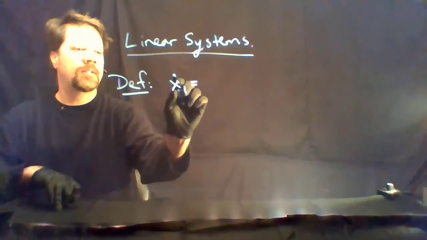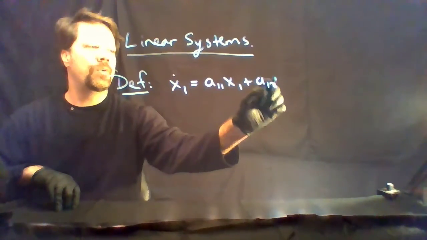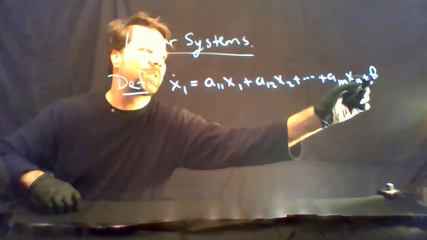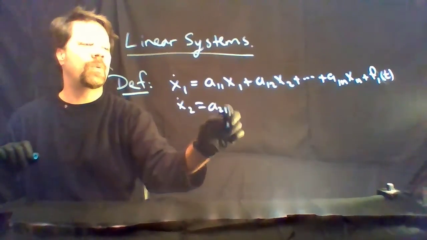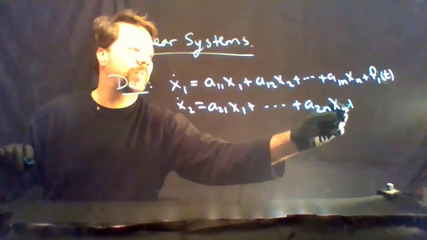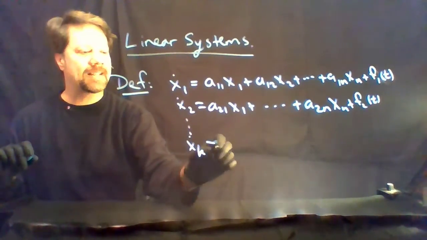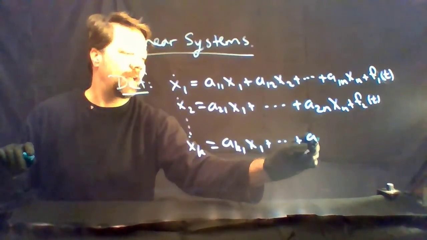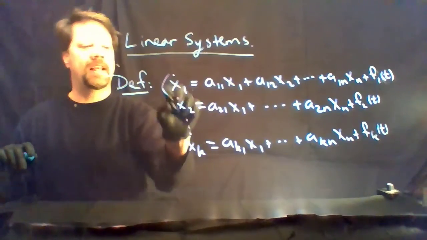x1 dot is a11x1 plus a12x2 plus a1nxn plus f1 of t. x2 dot is a21x1 plus a2nxn plus f2 of t, down to perhaps xk dot is ak1x1 plus aknxn plus fk of t.